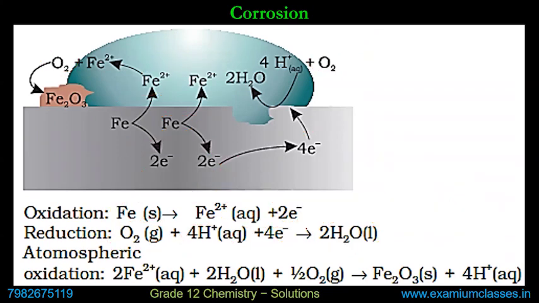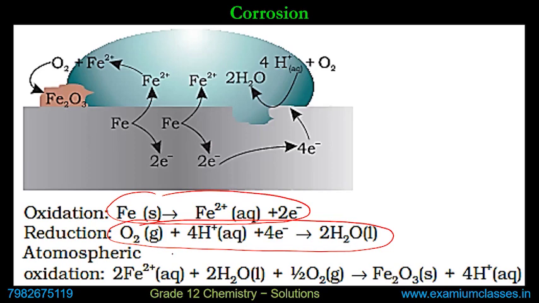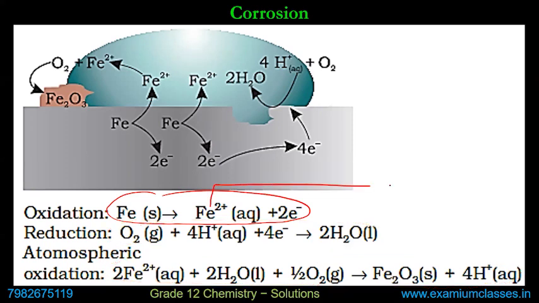Reactions you need to memorize. The reactions are slightly complex, although the ones written here are not the actual ones; these are simplified versions of the actual reactions, which cannot be simplified further. You just need to memorize these. Then atmospheric oxidation takes place, meaning Fe2+ gets converted to Fe3+.